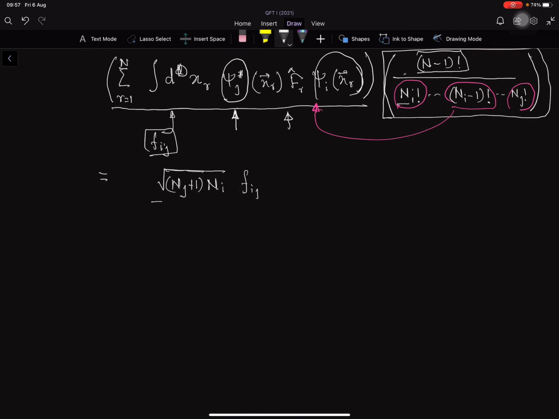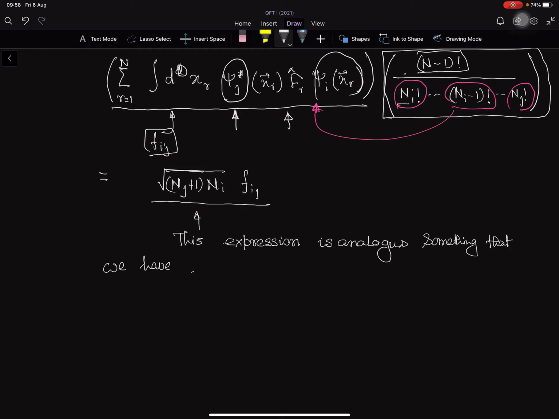Now this expression looks very familiar. It is analogous to something that we have already seen in the harmonic oscillator.